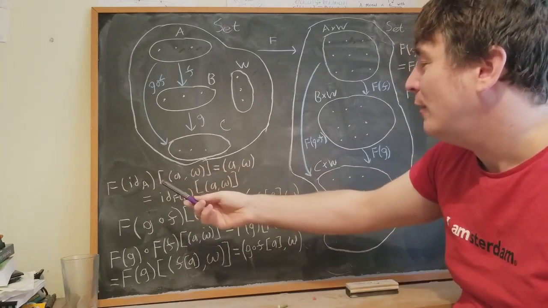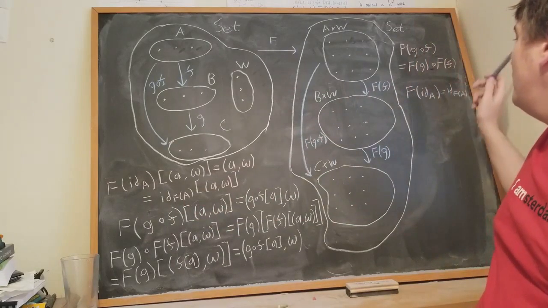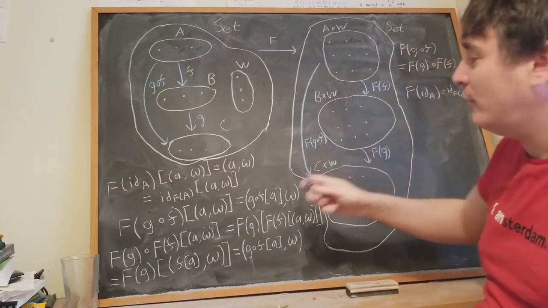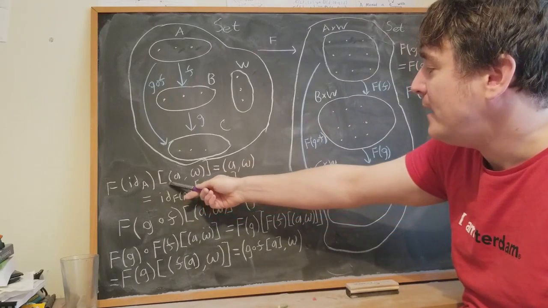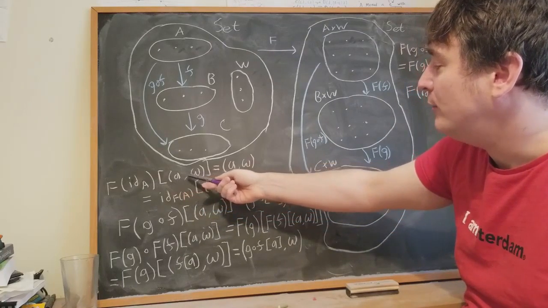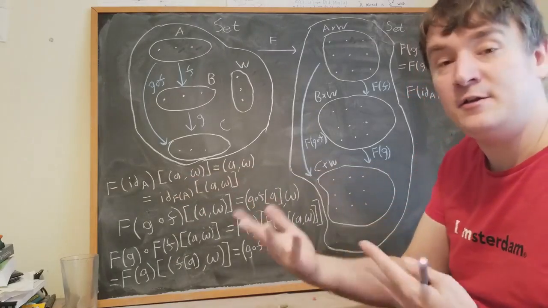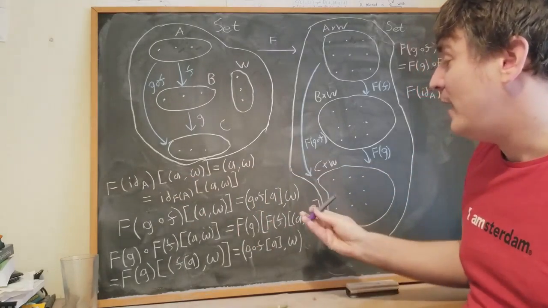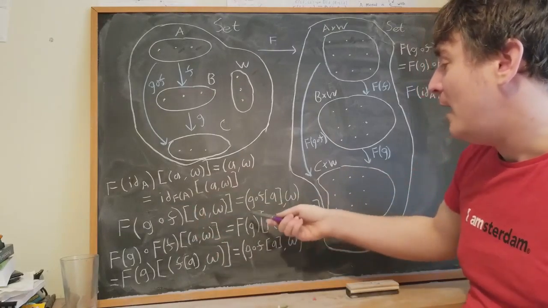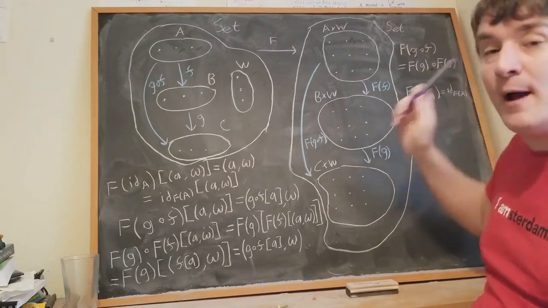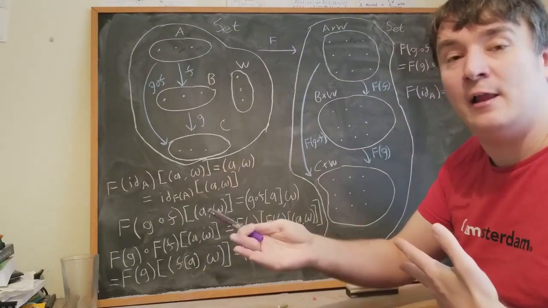So for example, to prove this one, we can look at how these functions work when we feed in an element (a, w), and we see that we get the same results in each case. Similarly, you can show that this law holds by thinking about how these things work on a general element.